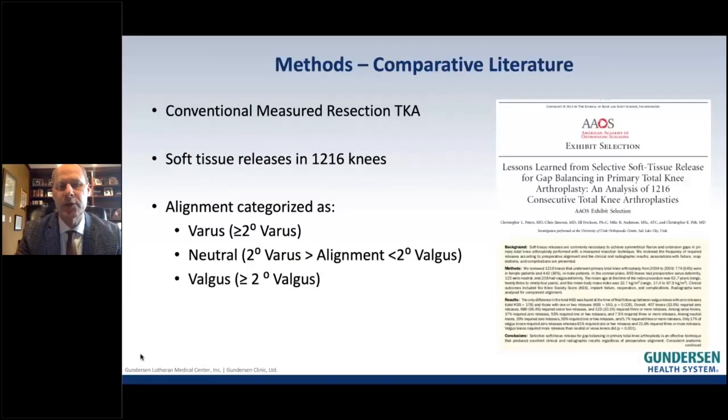Then we compared this to a standard paper written by Chris Peters out of Salt Lake City, where he looked at 1,216 knees, and he broke his group into 3, varus, neutral, and valgus, and used ±2 degrees as his determining variable with respect to which groups people were assigned. And then he cataloged how many releases he did in each one of those groups.